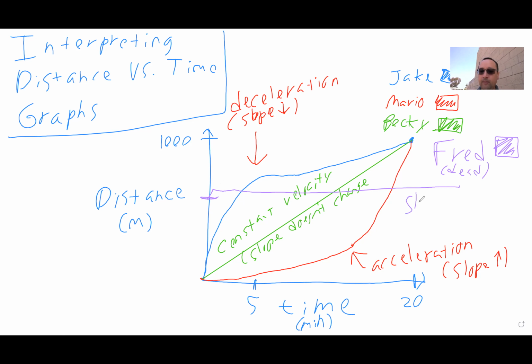So if slope equals 0, what you have is someone who is stopped, okay? So no velocity. Someone who's just stopped, all right? And so that's how we interpret one of these distance versus time graphs.